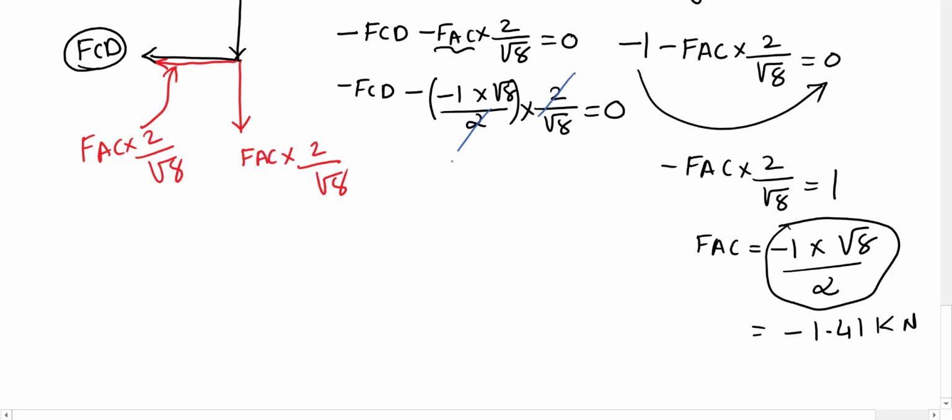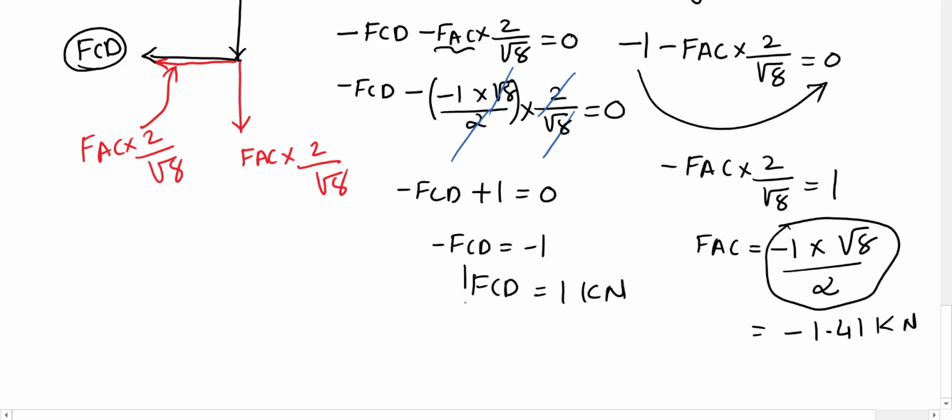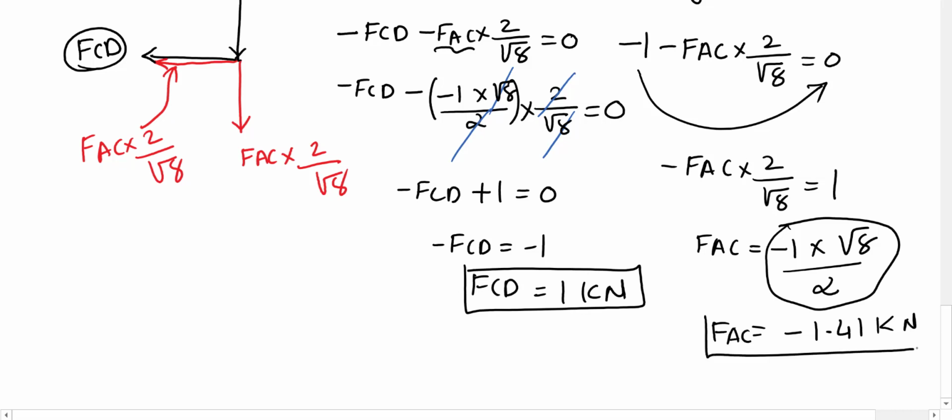So we can cancel the 2 and square root 8. We have minus FCD, minus minus is plus 1, equals 0. So minus FCD equals minus 1, FCD equals 1 kilonewton. So that's the second force that we found.